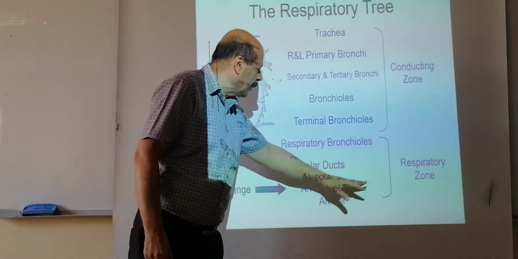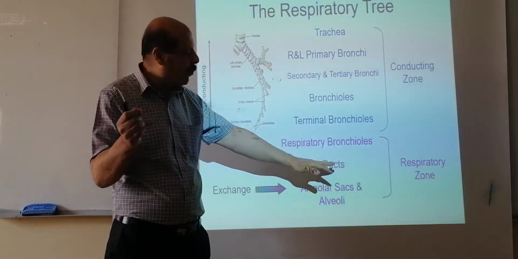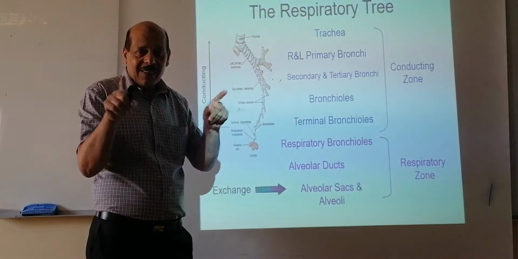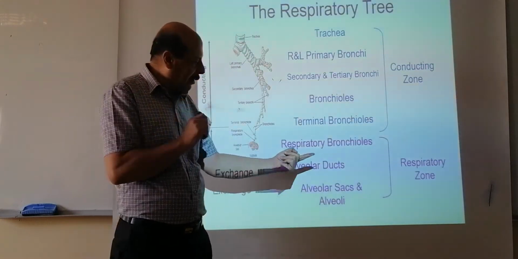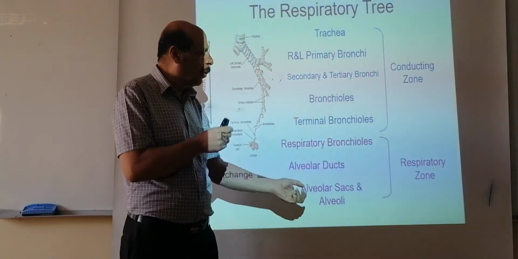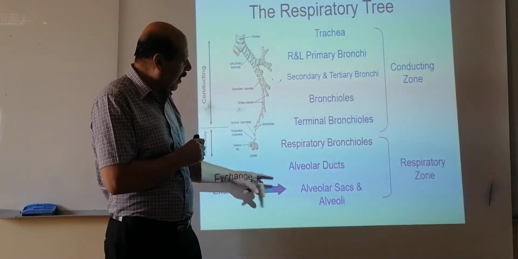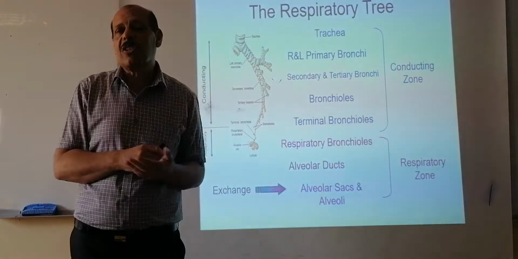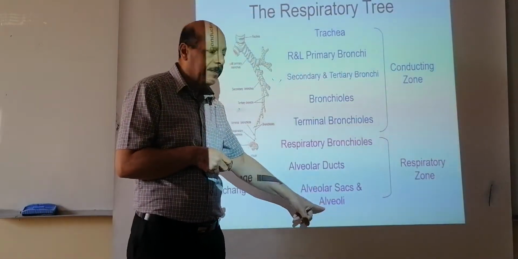The respiratory zone is the respiratory bronchioles, these very fine small bronchioles, then the very fine small alveolar ducts that take the air from the respiratory bronchioles to the alveoli. This is the respiratory zone, where the exchange of gas happens, mainly in the alveoli.